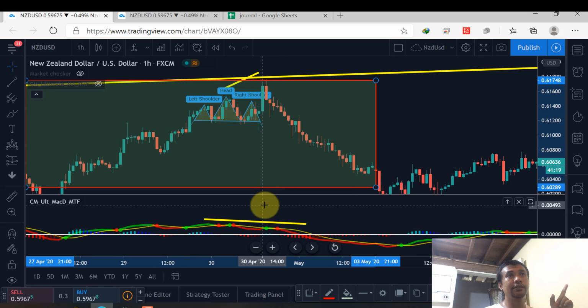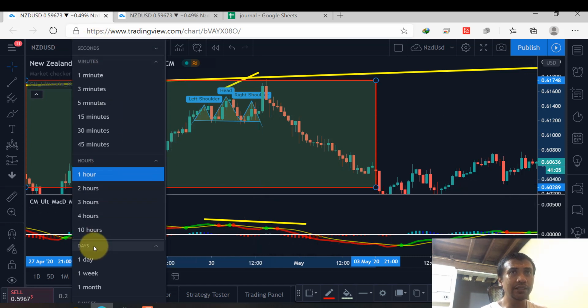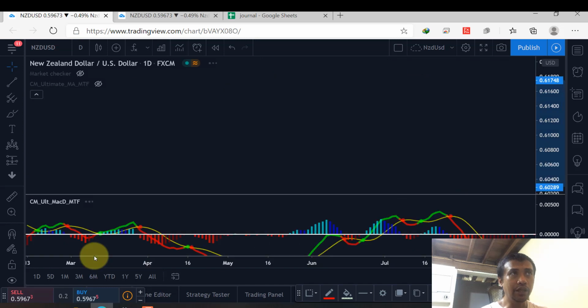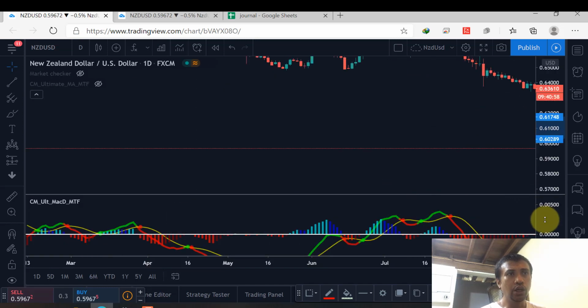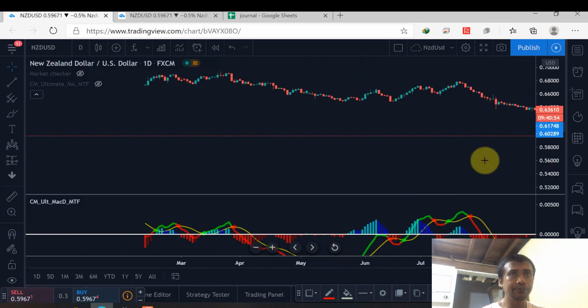Practically that's it. So again, in conclusion, to easily spot head and shoulders on the 1 day time frame, all we need to do is what? Find the support and resistance, and if you did, you could create a pattern on it, just like this one.